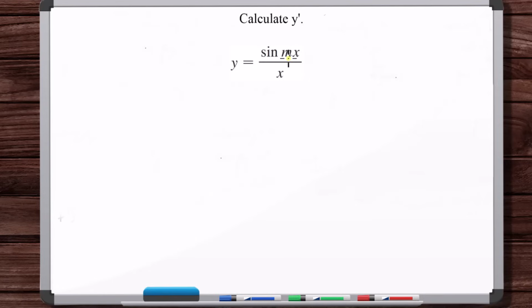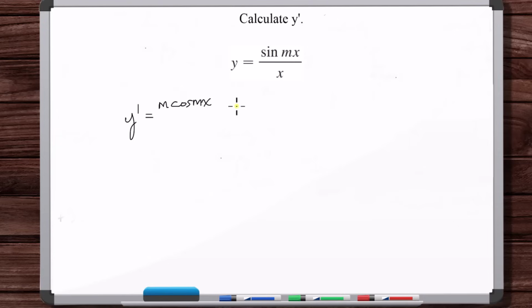Okay, m is a constant here. Y is a function of x, so we can use the quotient rule. The derivative of the top. Okay, chain rule. What is the derivative of sine of something? It's cosine of that something times the derivative of that something. What is the derivative of mx? That's just m.